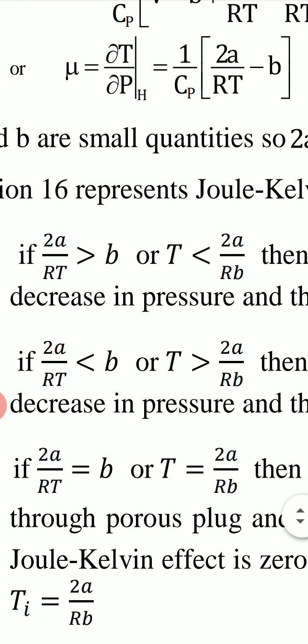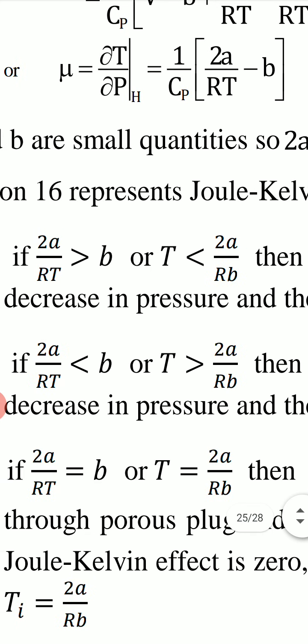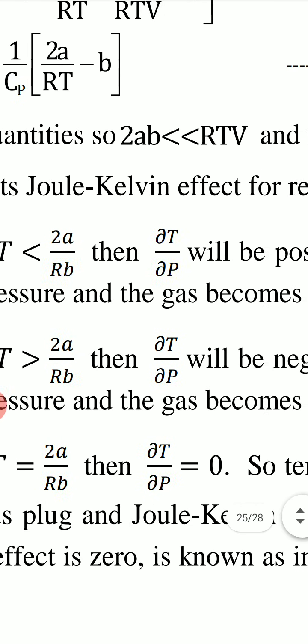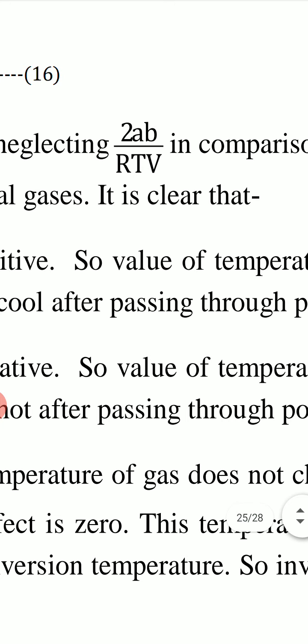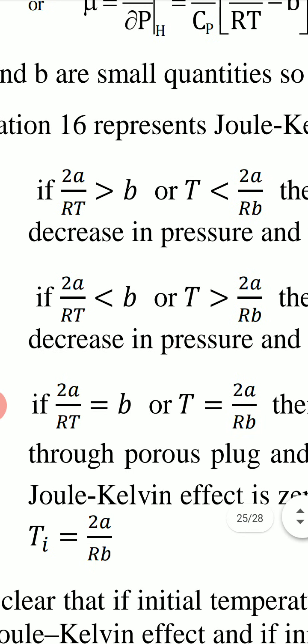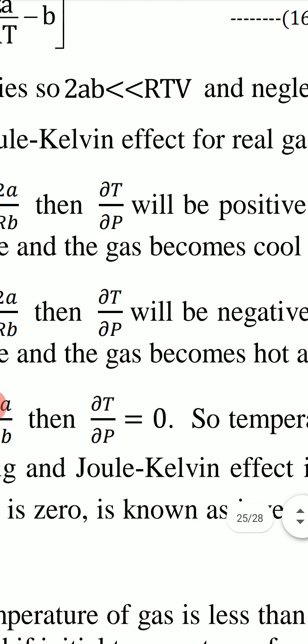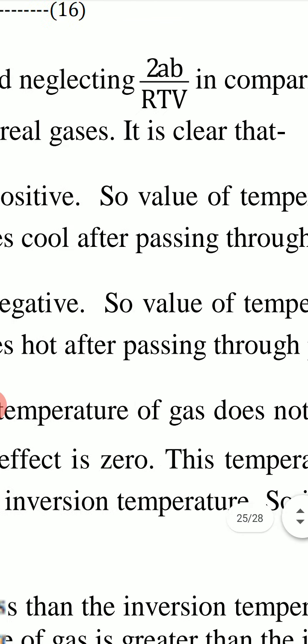2A upon RT greater than B means T less than 2A upon RB. So when the initial temperature of the gas T is less than 2A upon RB, delta T upon delta P will be positive. So temperature decreases with decrease in pressure and the gas becomes cool after passing through the porous plug.